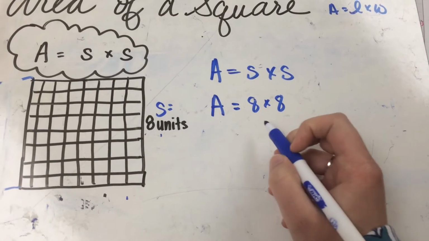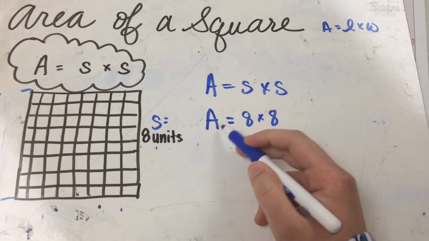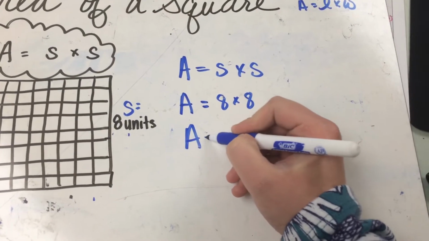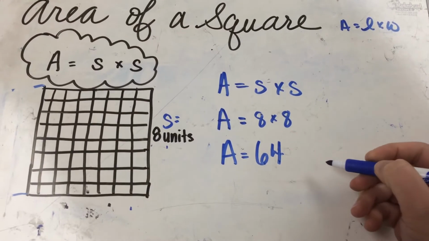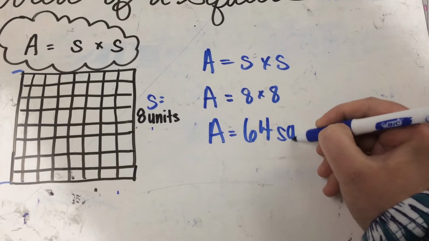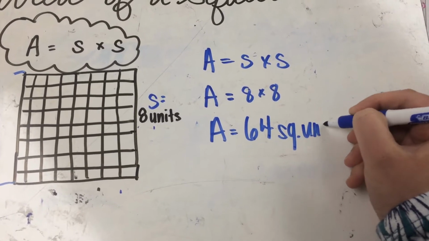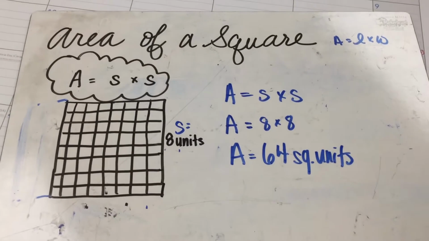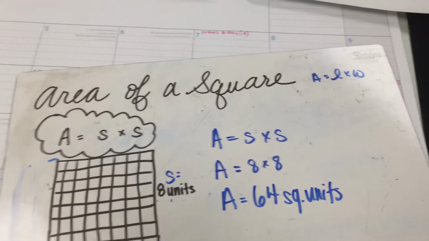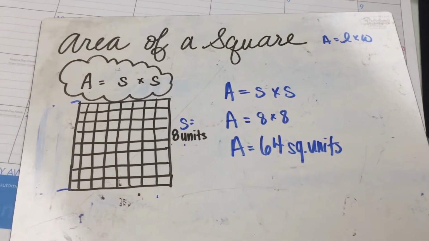So our area equals 8 times 8, so our area is 64. Do you remember what our special unit is? It's not just units, it's square units. Okay, so it's pretty easy. If you got the rectangle down, it's not going to be difficult to do the area of a square.